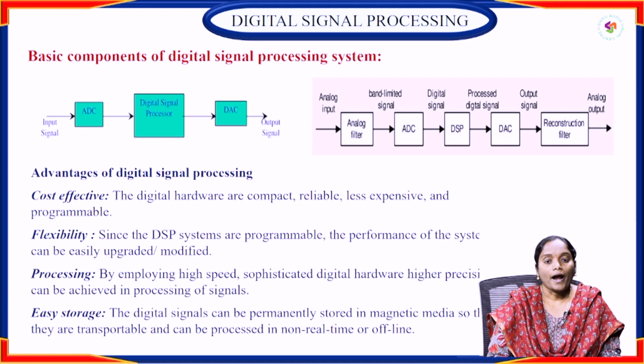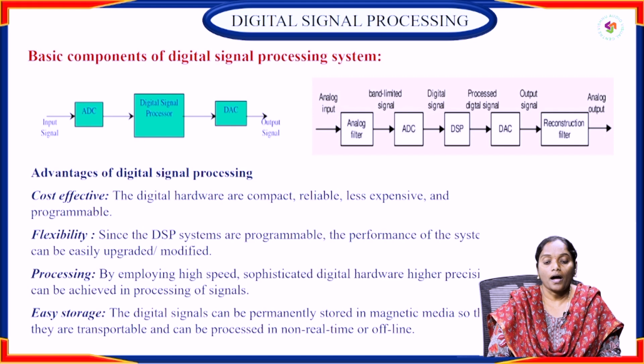Now we will see the advantages of digital signal processing. The first advantage is that it is cost effective. Digital hardware is compact, reliable, less expensive, programmable and very flexible. Since DSP systems are programmable, the performance of the system can be easily upgraded and modified. Processing is also easy.